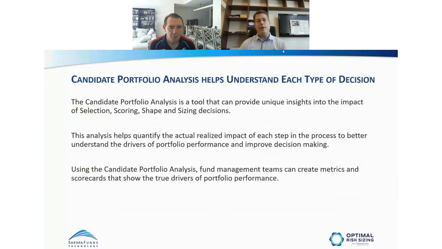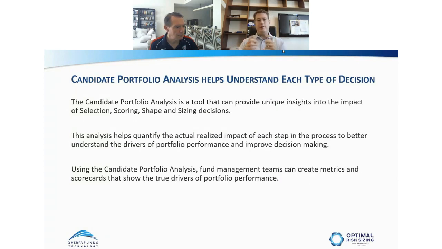So the tool that we're going to use today, and again, we've talked about this in a couple of prior webinars, because at Sherpa this is one of the key drivers we use to understand portfolios, to understand the world, is the candidate portfolio analysis. And the candidate portfolio analysis can give us insight into all of these different characteristics: selection, scoring, shaping, and sizing.